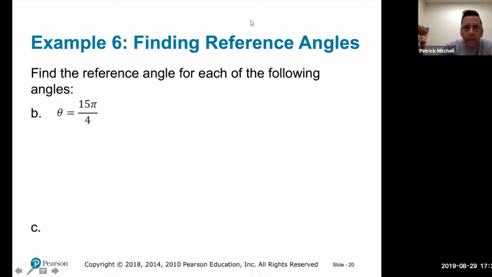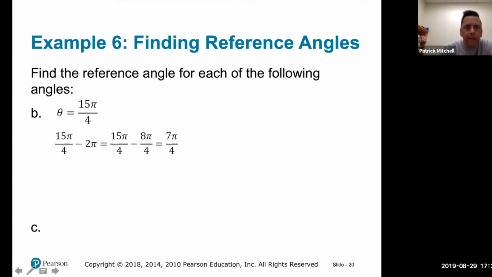That will tell you how many times you need to subtract 2 pi. So look at this 15 over 4 here. And if I ask my calculator what that is as a decimal, it comes out to 3.75, which means I can only subtract 2 pi one time. So that's what I'm going to do.